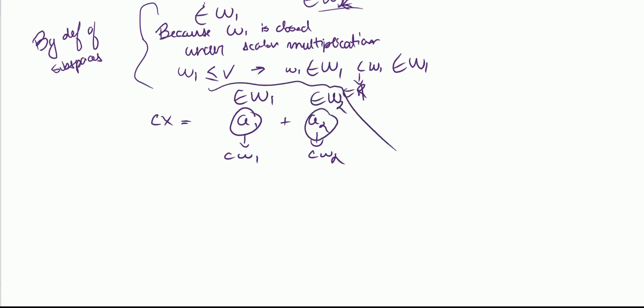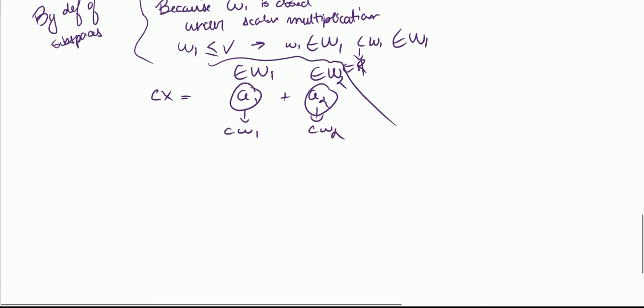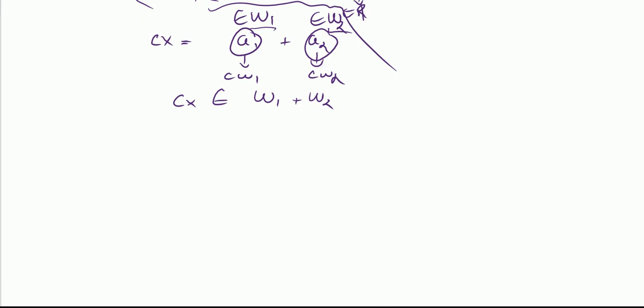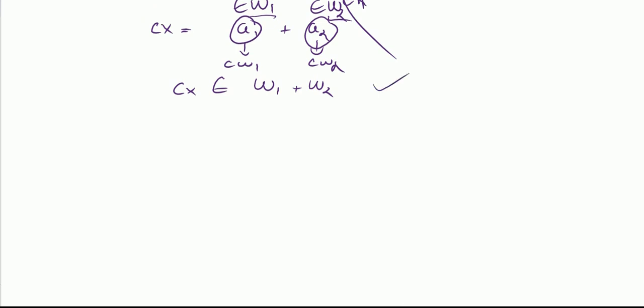So that means that cx can be represented as the sum of two elements, the first one in the first set, W1, and the second one in the second set, W2. So cx actually belongs to W1 plus W2. That's the third part of my proof. I've shown the third condition. So, by 1, 2, and 3, I can say that W1 plus W2 is a subspace of V.